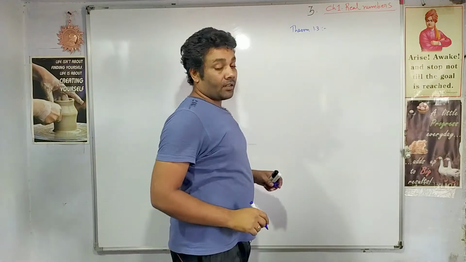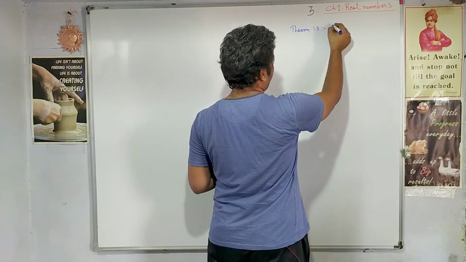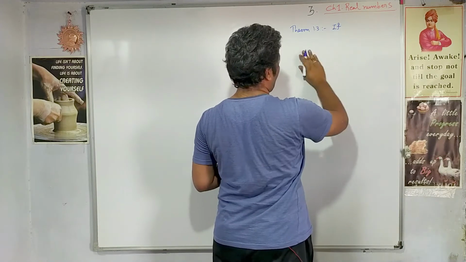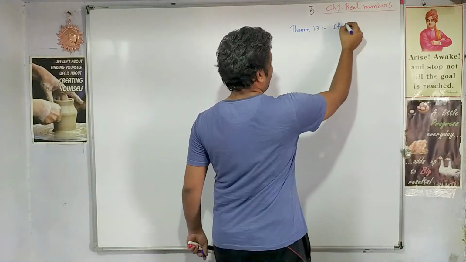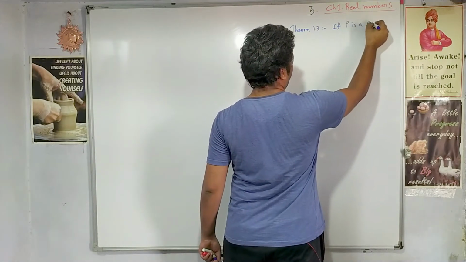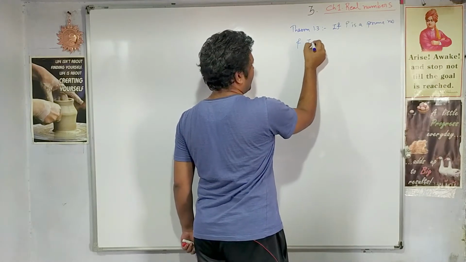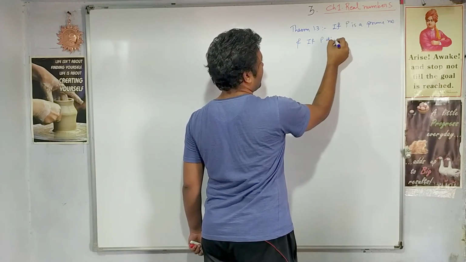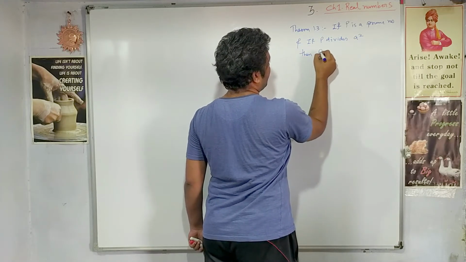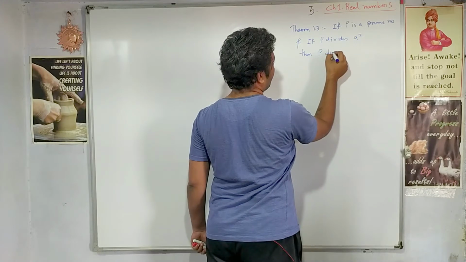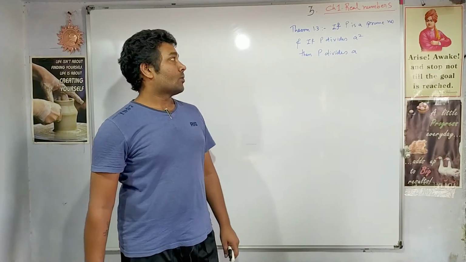It states that if P is a prime number and P divides a, right? This is theorem number 1.3.